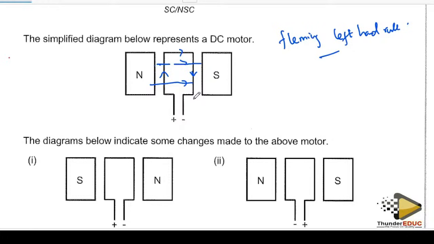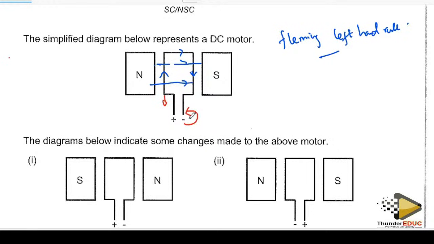What is happening? This structure of ours, this plate or coil, is going to rotate in which direction? This side is going to be going downwards, which means it's rotating in the anti-clockwise direction.